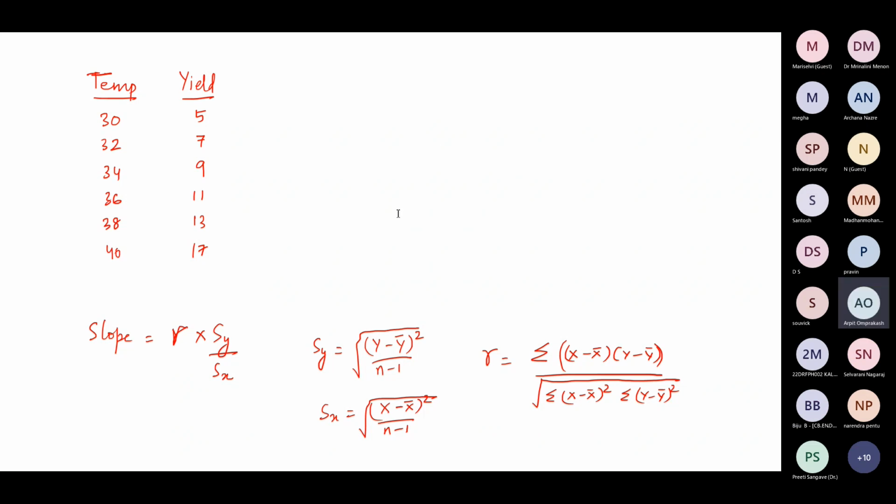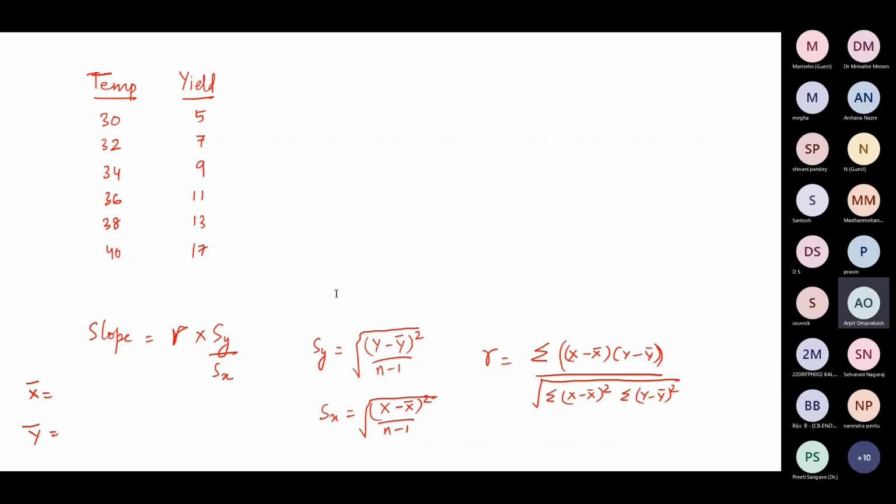So basically you have to calculate all this, then you can use it in the formula. So first of all, you need to get the mean for X and mean for Y, X bar and Y bar.